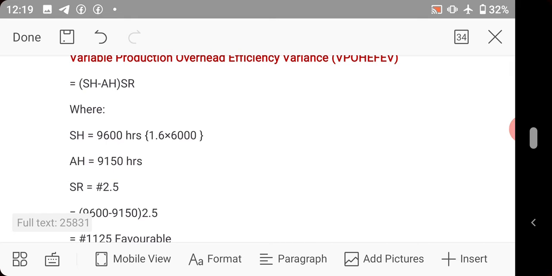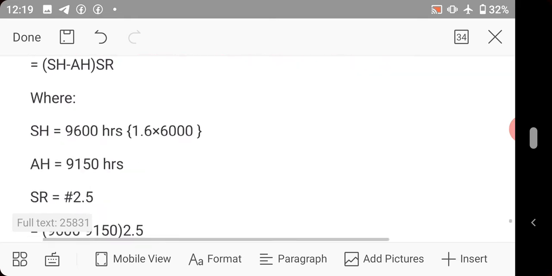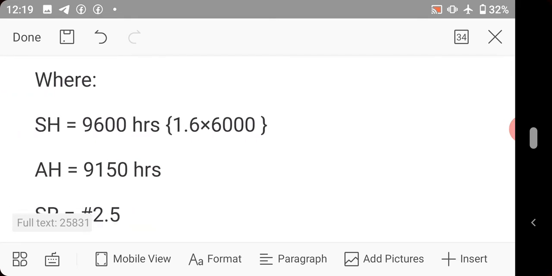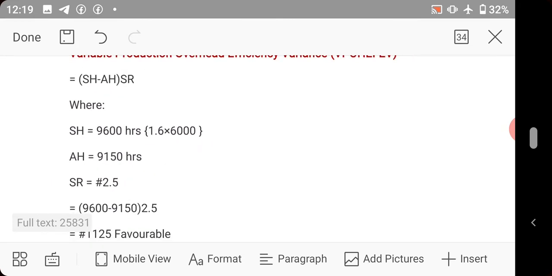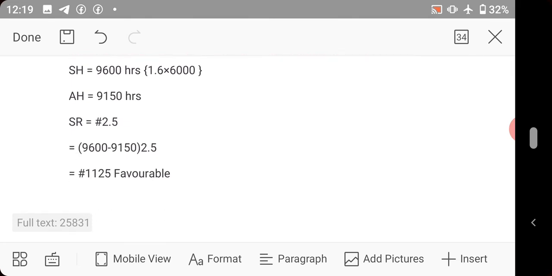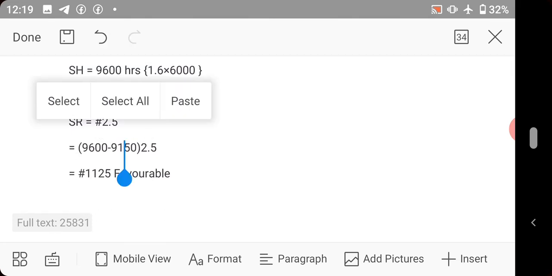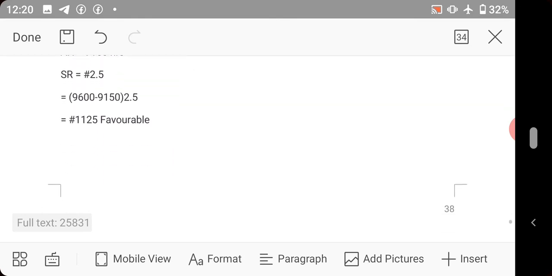It was 1.6 times 6,000. This 6,000 is actual unit produced, which is in the question. Then actual R is usually 9,150. So substitute, you have 1,125, which is actually positive. And since it is positive, it is favorable. So that is that for variable.